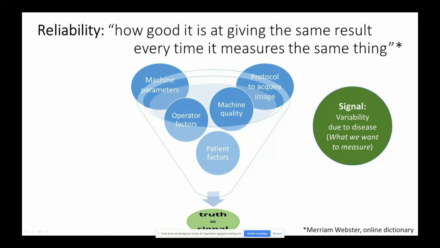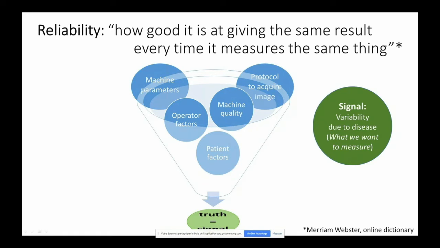So we will show to the OMERACTers how we define reliability, a definition taken from the Merriam-Webster online dictionary: how good is the instrument at giving the same results every time it measures the same thing. And we will say that the truth is the signal, and all the variability should be in the signal.